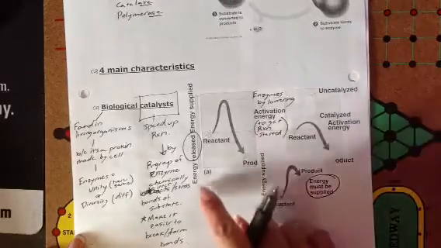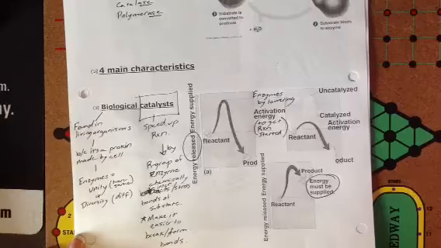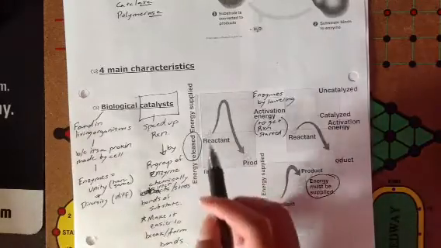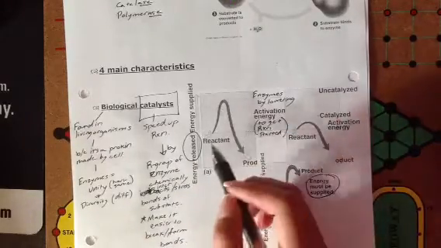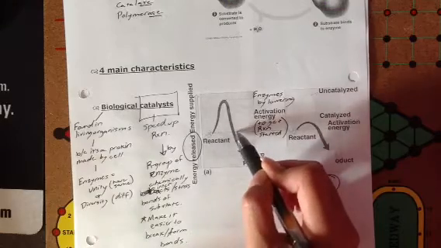So if you look at this first graph here, this says the energy released or the energy supplied. If you look at the dotted lines, this is the amount of energy it normally takes for a reaction to occur.